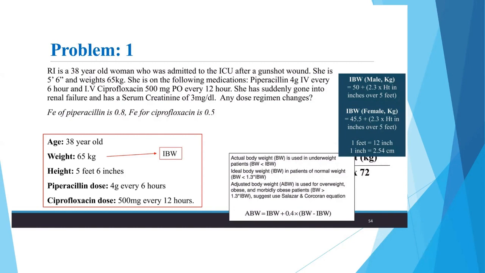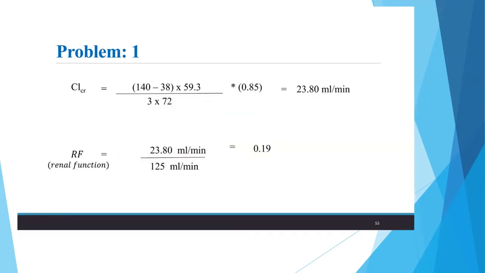Adjusted body weight is used for overweight, obese, and morbidly obese patients. So adjusted body weight would be IBW plus 0.4 times (BW minus IBW). This is something that you need to adjust because there is fat somewhere, and there is an increase in lean body weight in some patients, right? So after you find out the creatinine clearance, then you find out the renal function.